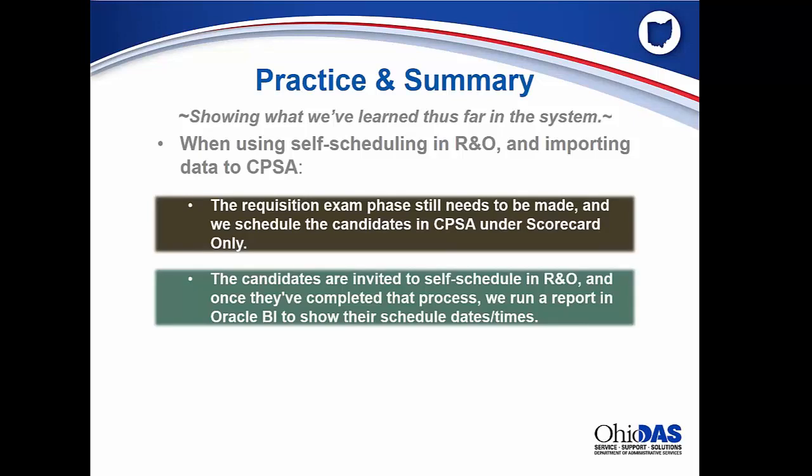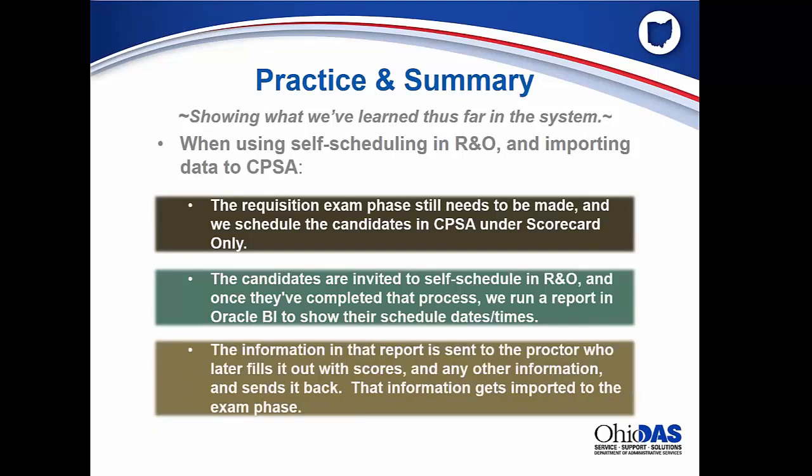The candidates are invited to self-schedule in Recruit and Onboard, and once they've completed that process, we run a report in Oracle BI to show their scheduled dates and times. The information in that report is sent to the proctor, or at least it can be, who later fills it out with the raw scores and any other information and sends it back. Then that information gets imported to the proper requisition exam phase. Of course, they would have the requisition exam phase on the spreadsheet. So in the last instance we saw in the system, it's 180,000 IF-2, so it would know to go directly to that.